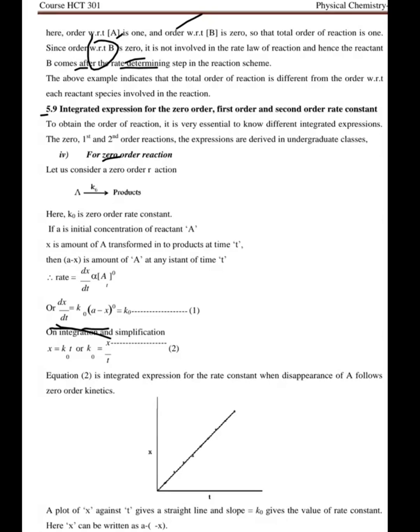Further, in equation 2, see this is the plot we have obtained for this reaction. Here x is the amount of A converted into product. T is the time taken for the conversion. So we get this plot where the slope is known as K naught, the rate constant.